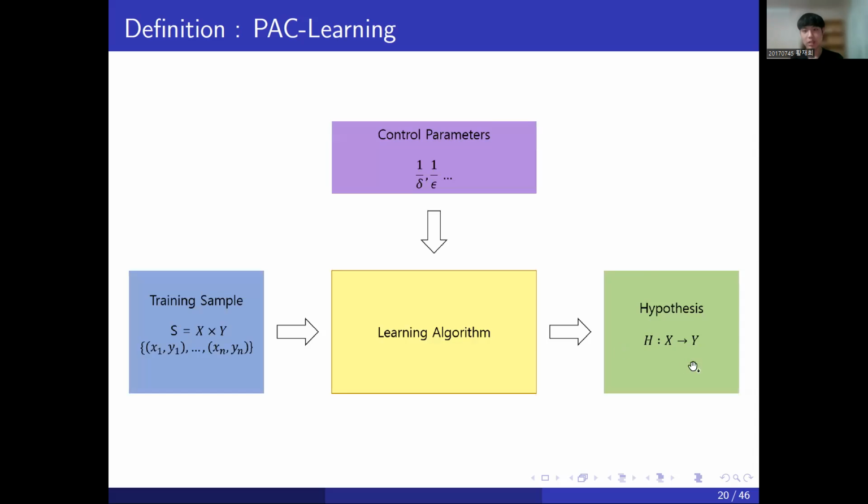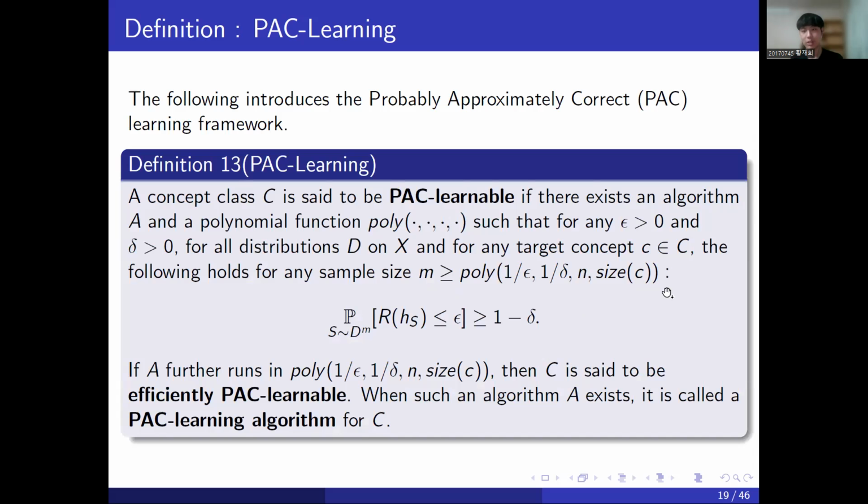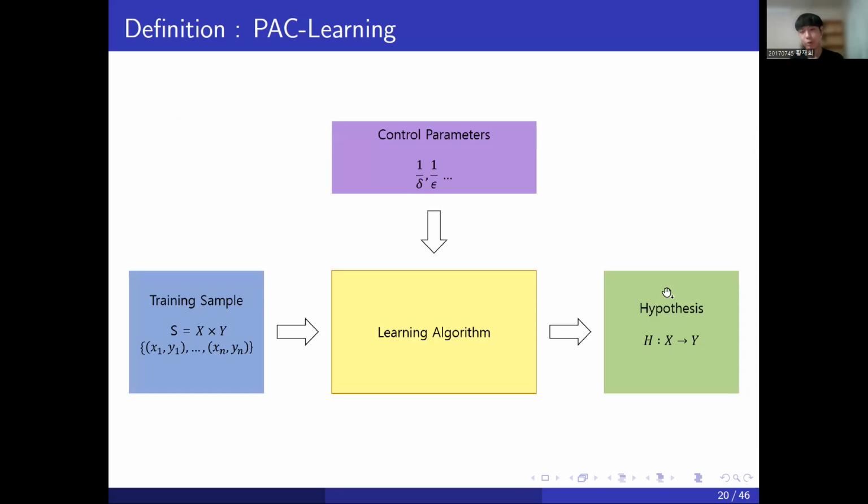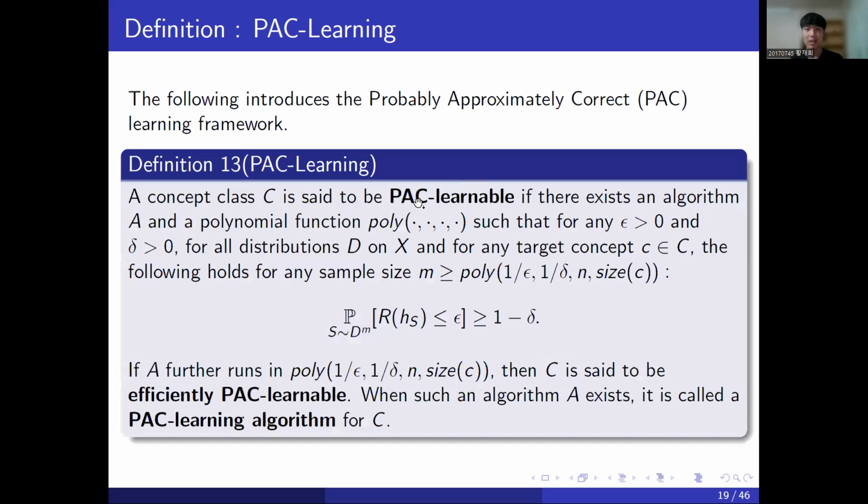If this hypothesis satisfies this condition, or if this holds, then we can say that your hypothesis is quite correct. So this is a good algorithm, and we can say that this is a PAC learning algorithm. And if for some learning problem this good algorithm exists, then we say that the problem is PAC learnable.